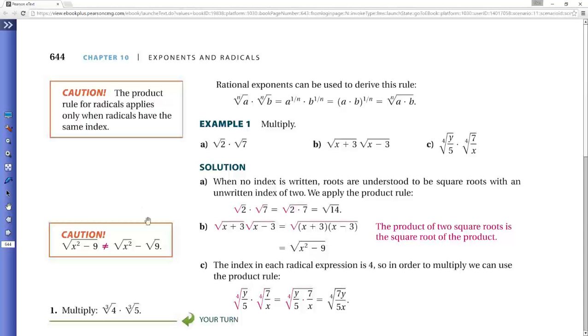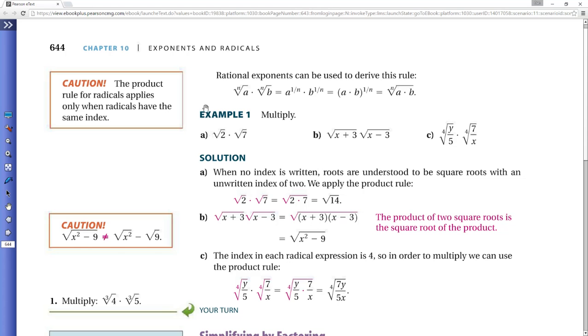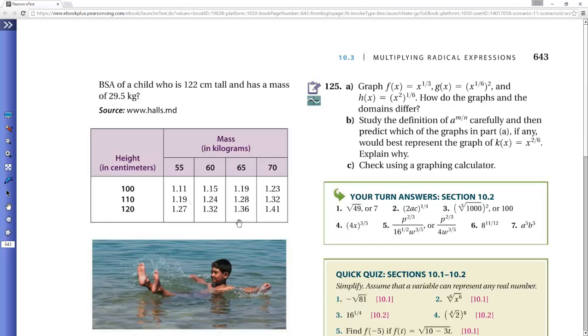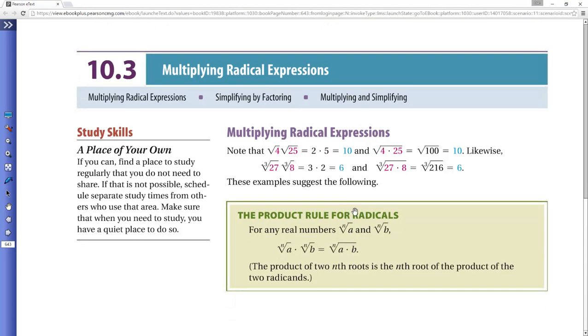So we're going to look at these things. These rational exponents can be used to derive this rule. And I guess I just kind of skipped over that without talking about that. But here is the product rule for radicals. And like I said, it really is the same as if this was square root.